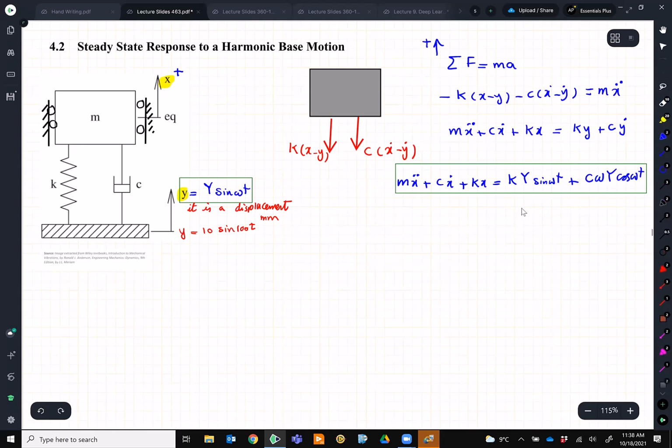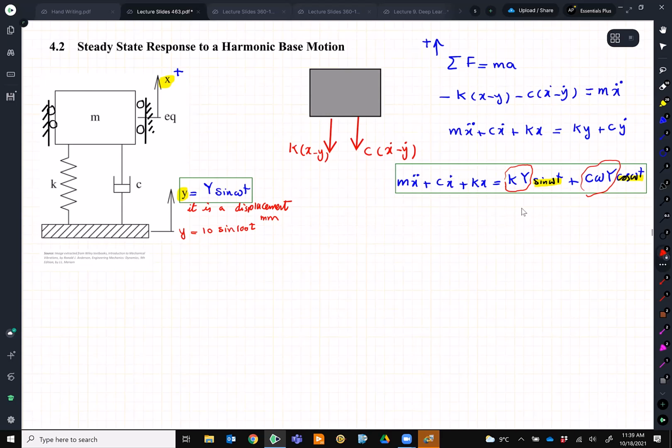So this is exactly similar to what we had before, but this time, instead of one external force, we can pretend that we have two external forces. One is sine omega t, another one is cosine omega t. One of them has the amplitude of k Y, and another one has the amplitude of c omega Y.